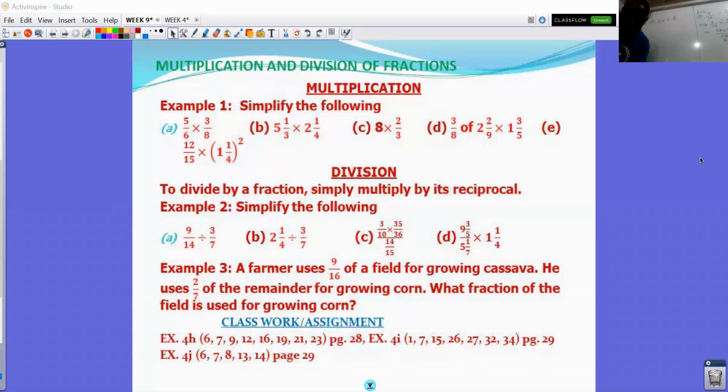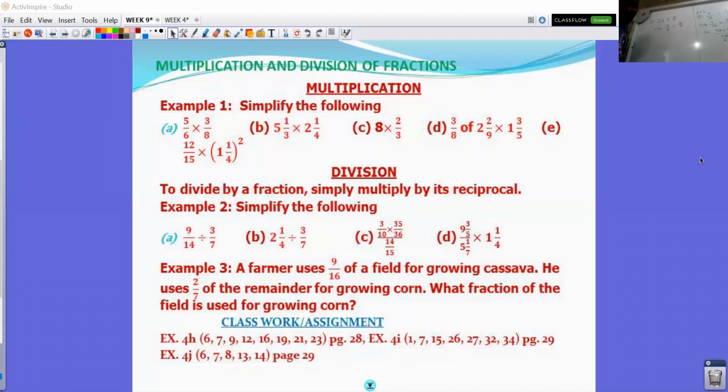So what I have here is that we are going to change the mixed fraction into an improper fraction. So 4 times 2, 8 plus 1, 9. That is 9/4 divided by 3/7.